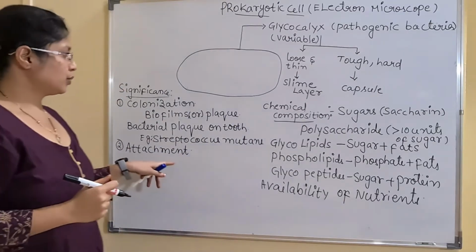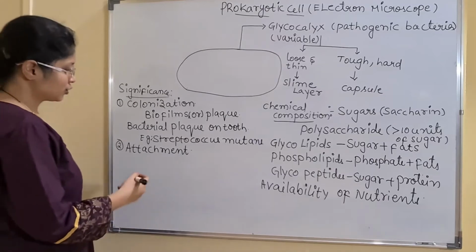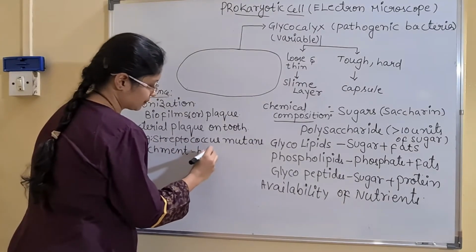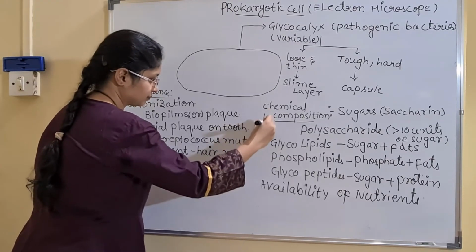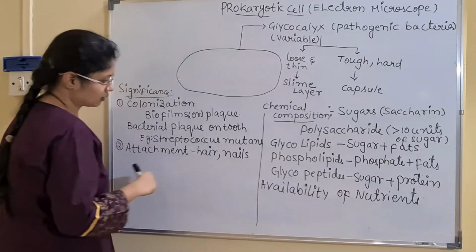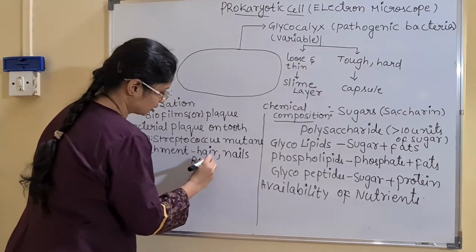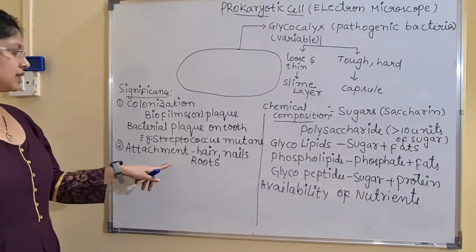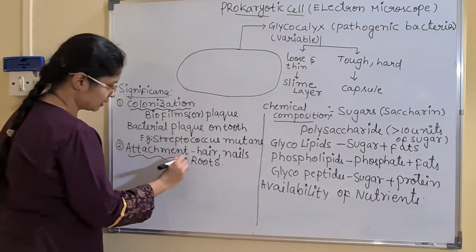So attachment will happen with the glycocalyx. So it helps in attachment to structures like hair, nails, roots of the plant, anything like that. Okay, so it mainly helps in attachment. First is colonization, the second is attachment.